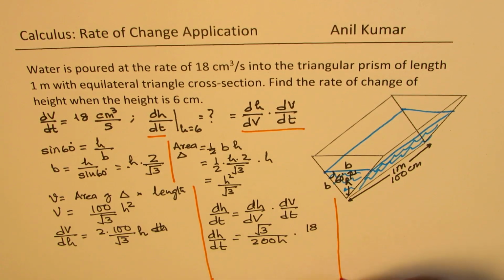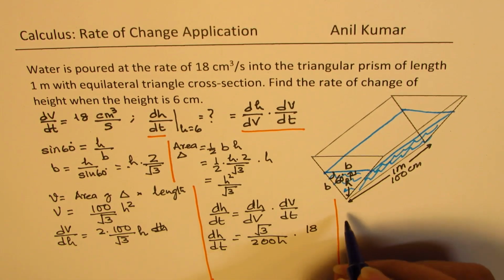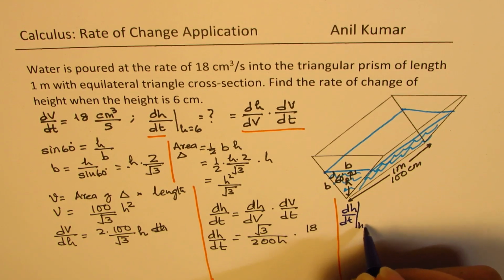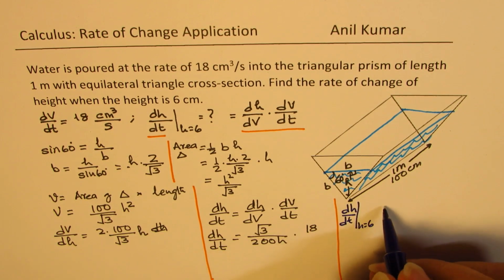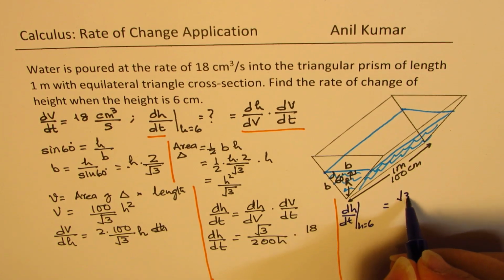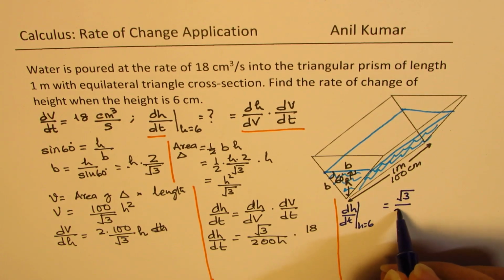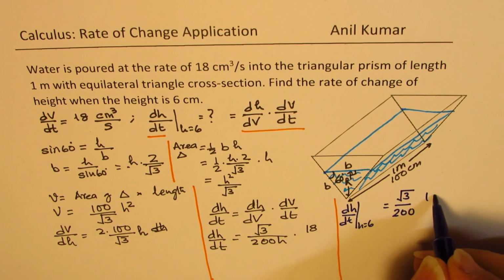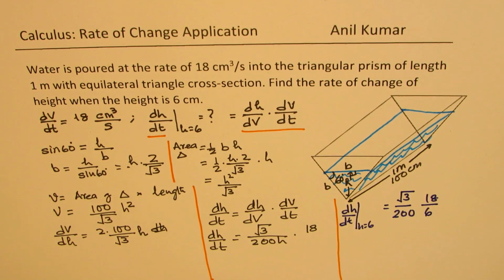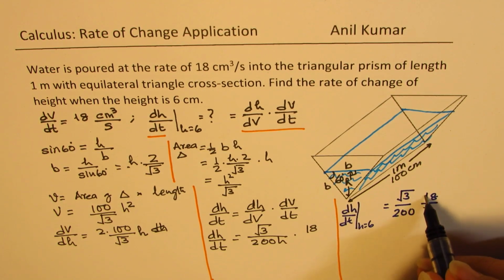So I hope these steps are absolutely clear. Now let me finish this up by writing dH/dt when height equals 6. We are going to replace this h with 6. So we have square root of 3 over 200 and we have 18 over 6. Okay? So that becomes our solution. 6 goes 3 times.